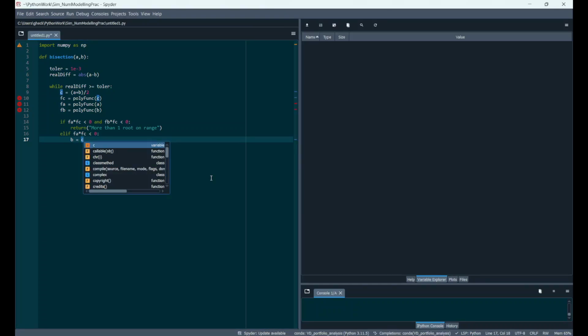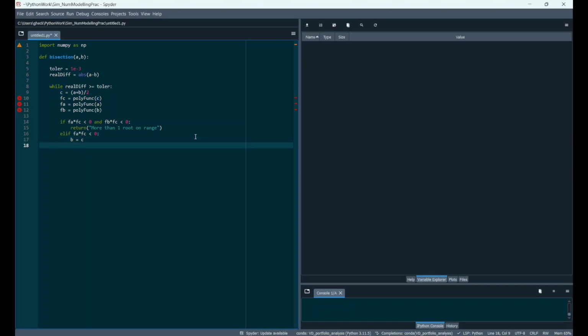So we're setting up what we kind of discussed earlier, which is you're resetting that C value to now be part of the boundary of the range where we're executing across. So we're going to reset the B value in this function to be the same value as the C. And then in the same situation, but on the other side, if f of B times f of C is less than 0, then the opposite is going to be the case.